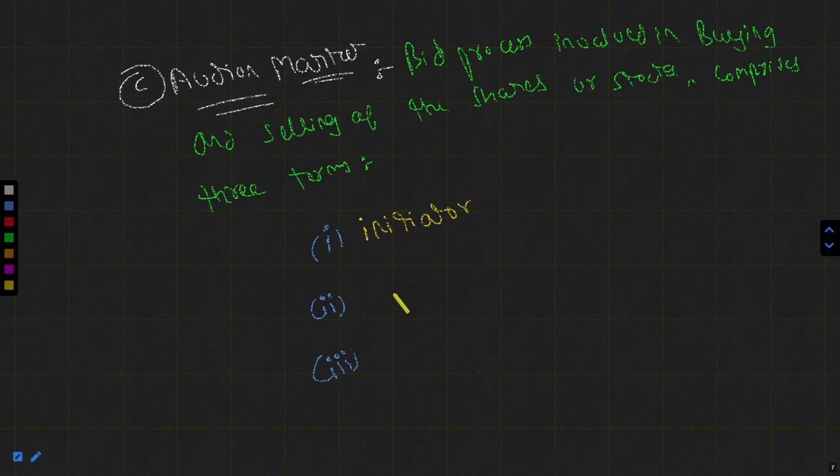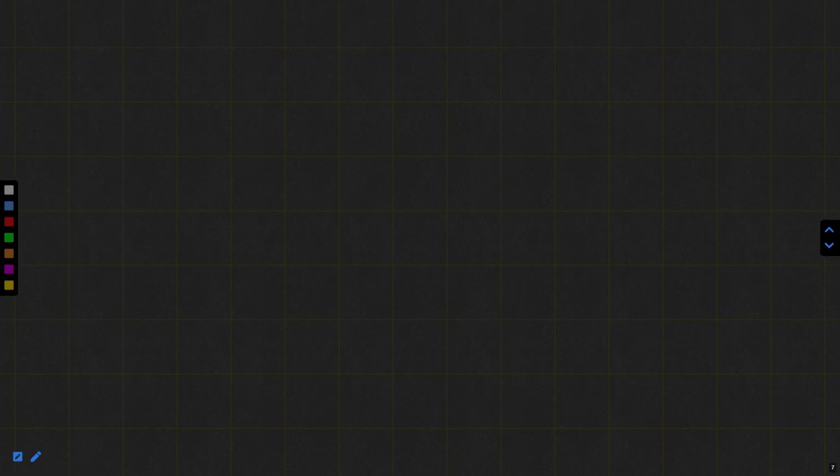The second one is the competitor. The third one is the solicitor. This is important: not only keep the terms' names in your mind but also understand their meaning.